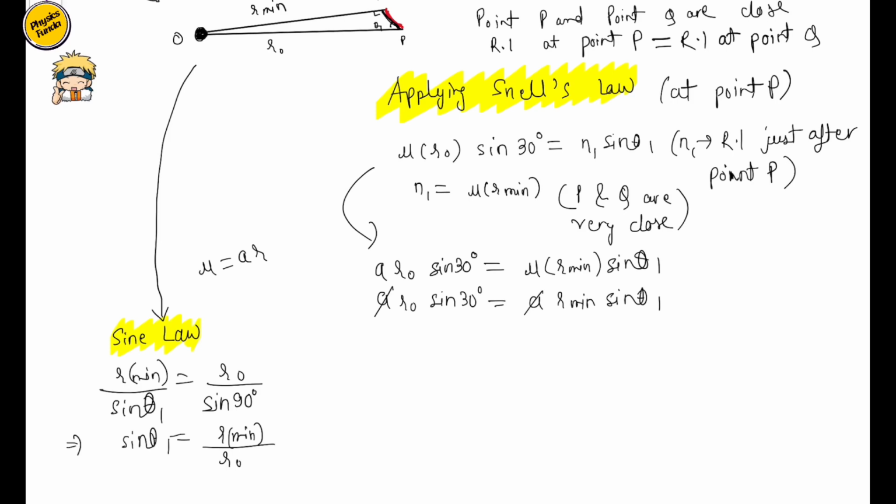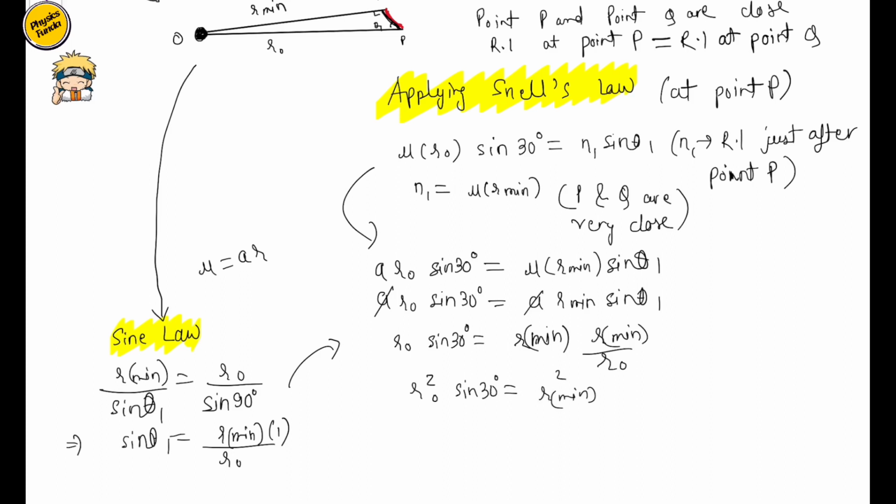Sine 90 is 1, right? So if I plug this value of sine theta 1 into this equation, I can write r naught sine 30 degree equals r minimum times sine theta 1, and that value is r minimum upon r naught, right? Let's cross multiply this. So this becomes r naught squared sine 30 degree equals r minimum squared, right?